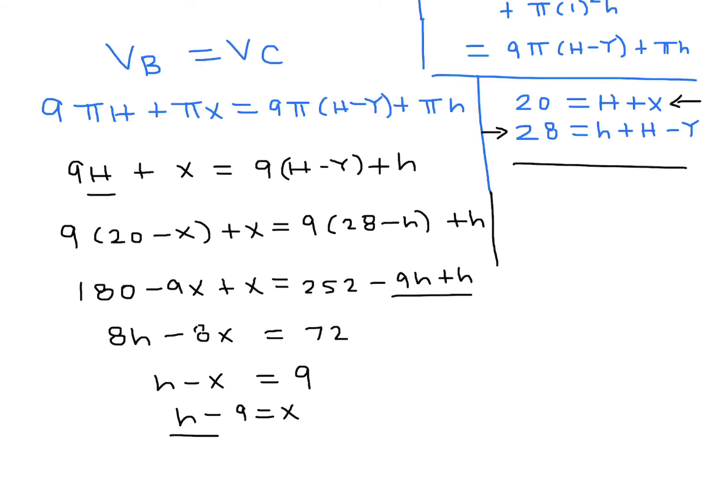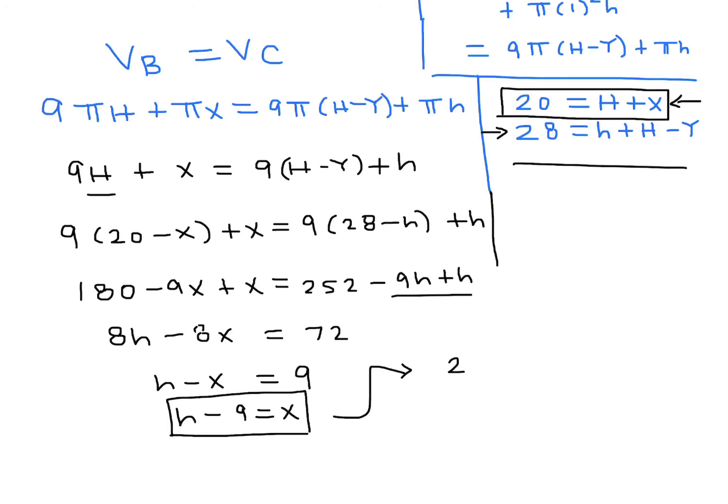What I can then do at this point is substitute this into this one right here, and I hope that helps us. So 20 is equal to H plus x, and therefore 20 is equal to H plus h minus 9.